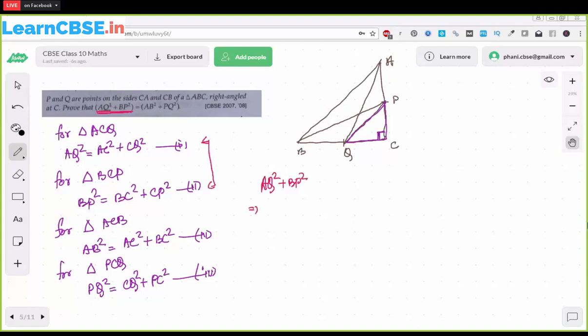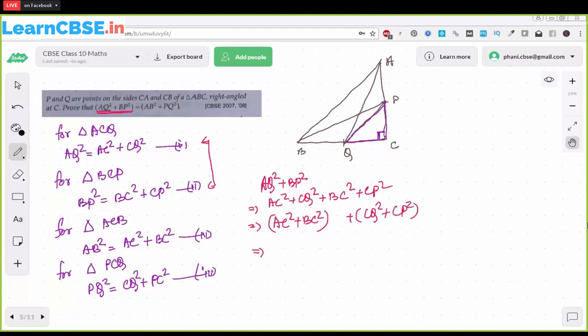So in place of AQ, you can write AC square plus CQ square plus BC square plus CP square. Now you rearrange them. AC square will go with BC square and CQ square should go with CP square.